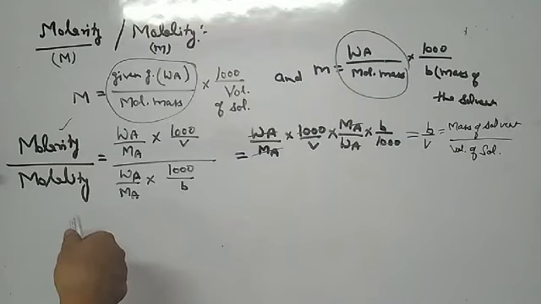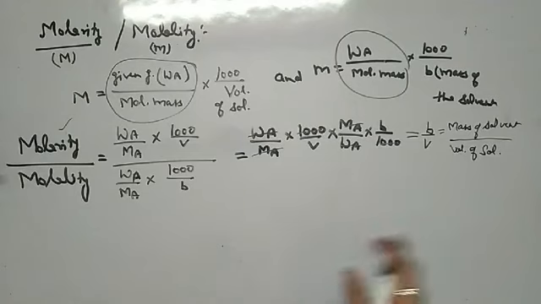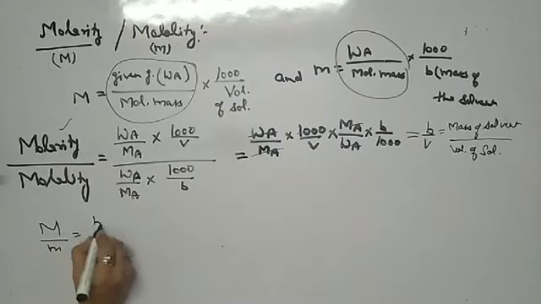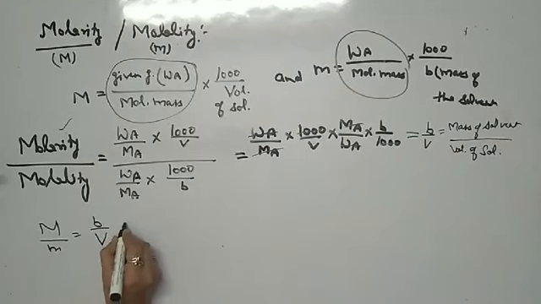It is simple. It means out of four terms you can use any one. Is it clear or not? Now if molarity upon molality is equal to B upon V, then how can we find B and V?